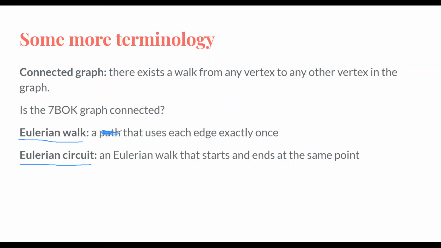And an Eulerian circuit is an Eulerian walk that starts and ends at the same point. That's why it's called a circuit, because you start at one point, use each edge exactly once, and end back at that same point. It's like a circuit, a closed loop.